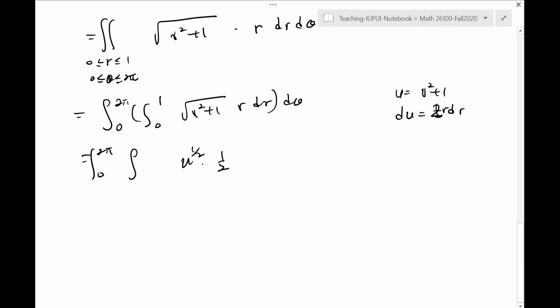Don't forget to change the limits. Then you find the antiderivative of this function, which will be 1/2 times 2/3 u to the 3/2. When you differentiate, you get u to the 1/2.